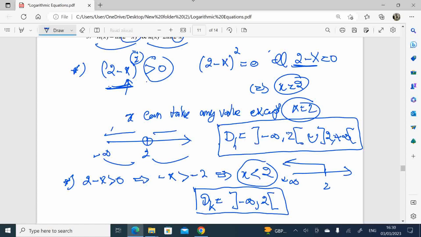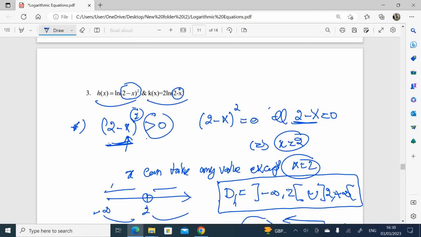If we go back to our functions, you can see that the two expressions are the same, in fact, because we have a property that says ln a to the power r is equal to r ln a, right? So ln of (2 minus x) squared is equal to 2 times ln of (2 minus x), applying this property.